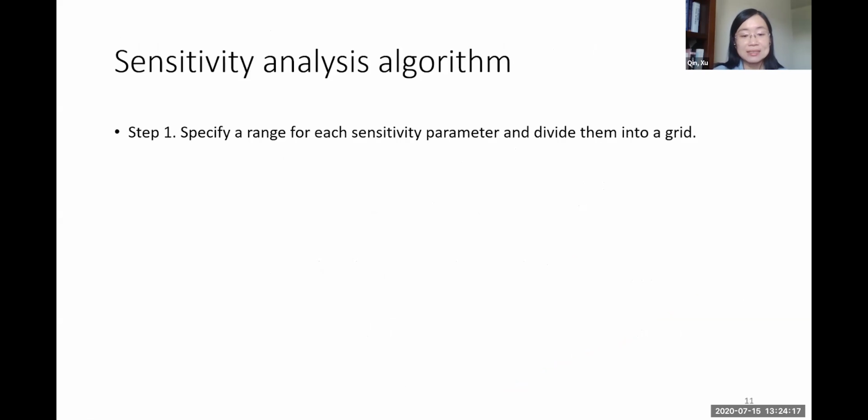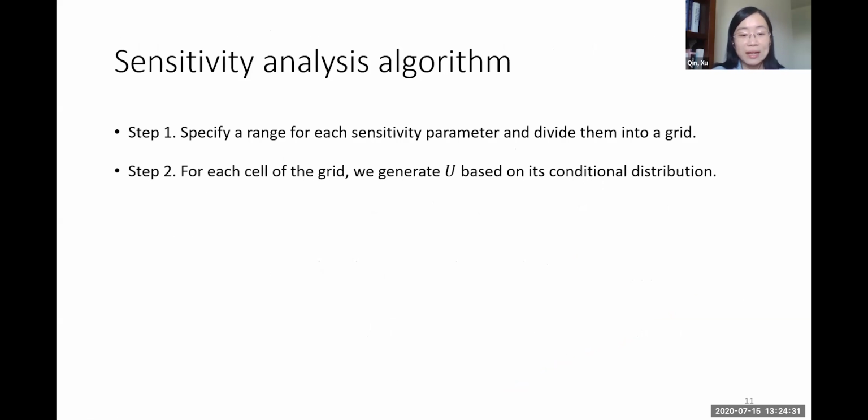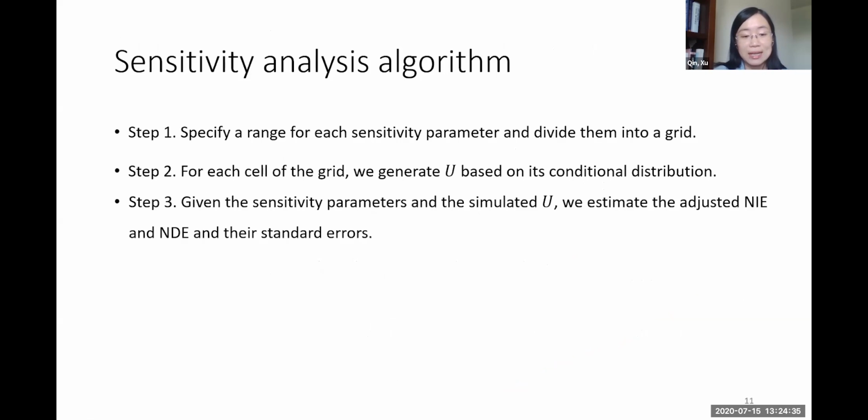We could then assess sensitivity based on the following algorithm. In step 1, to evaluate the influence of U of different strength, we specify a range for each sensitivity parameter and divide them into a grid. In step 2, for each cell of the grid, we generate U based on its conditional distribution. In step 3, given the sensitivity parameters and the simulated U, we estimate the adjusted natural indirect and direct effects and their standard errors based on a chosen causal mediation analysis method.